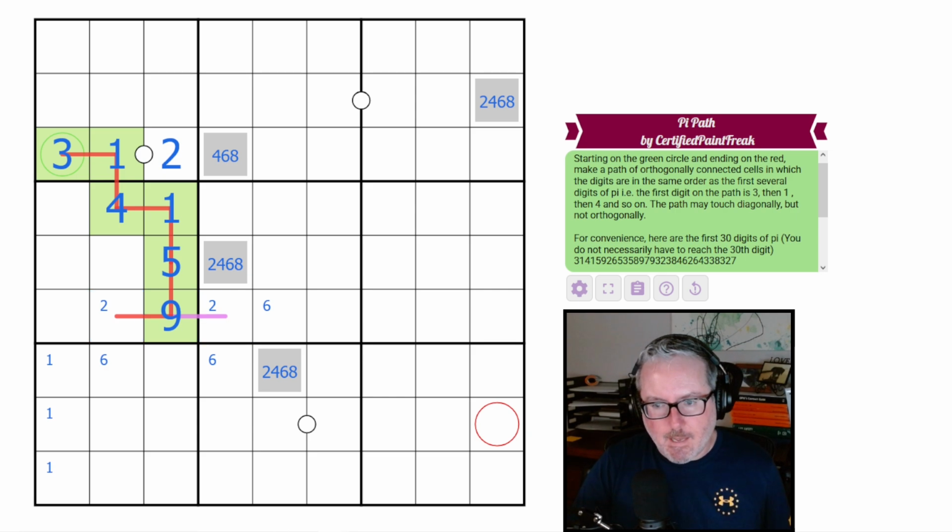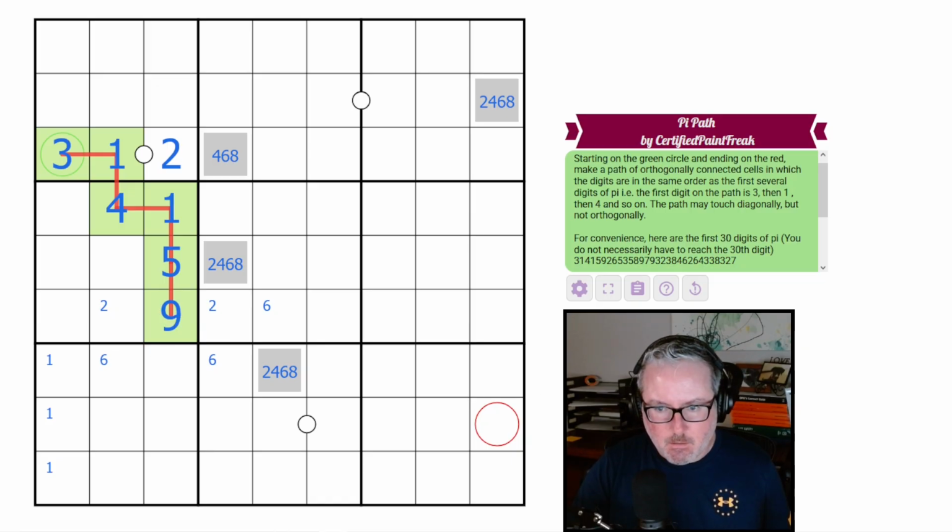Let's look at the paths. If we were to go this way, we could go to 6, 5. No, we can't. We ruled that out because 6, 5, 3, 5 doesn't work. We can't go down this way. So let's get rid of that.